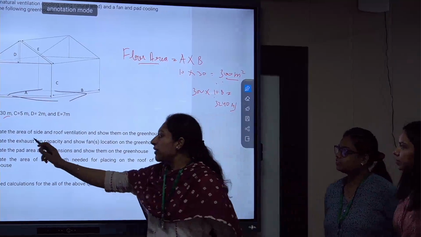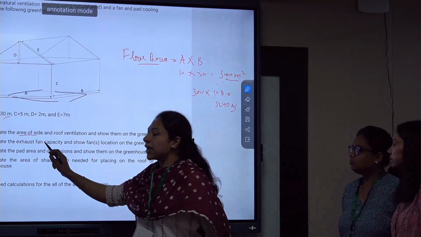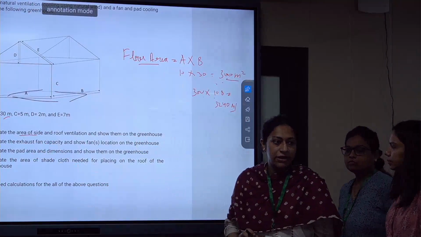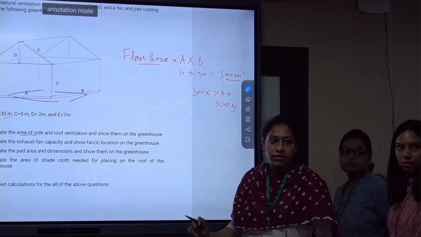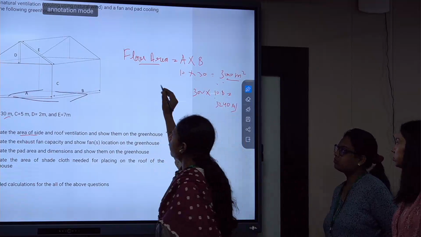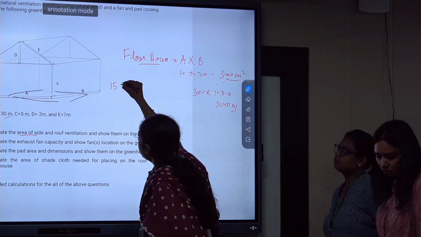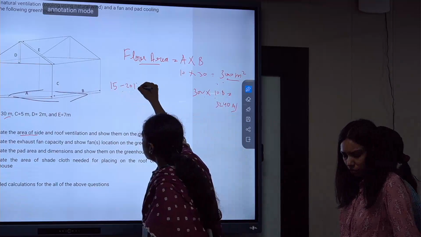And on average, the area of side is around 15 to 20% of that floor area. 15 to 20%, that is up to us.